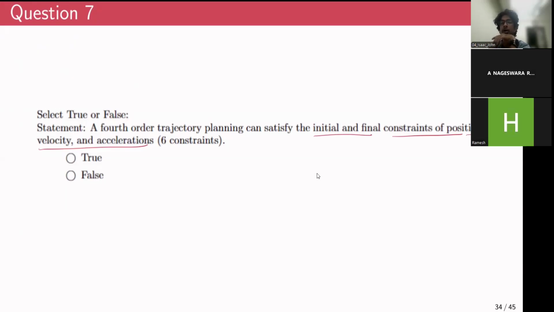It's either third order or fifth order. What about fourth order? A fourth order polynomial would look something like this. Theta of t would be a0 plus a1t plus a2t square plus a3t cube plus a4t to the power 4.